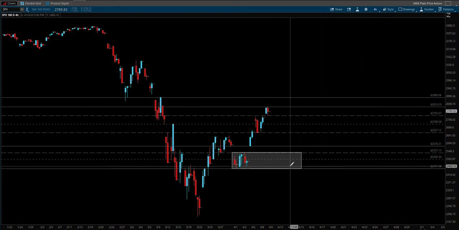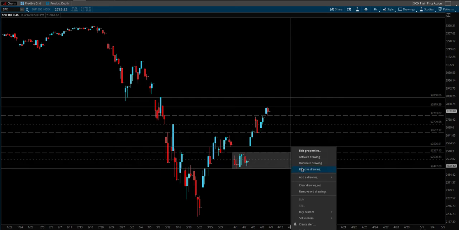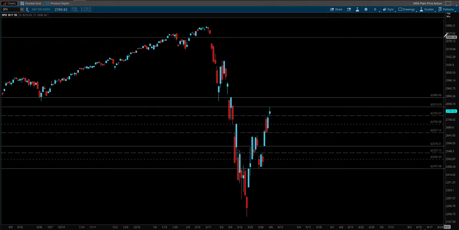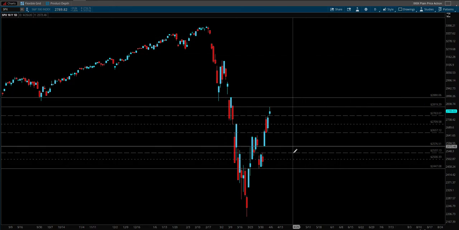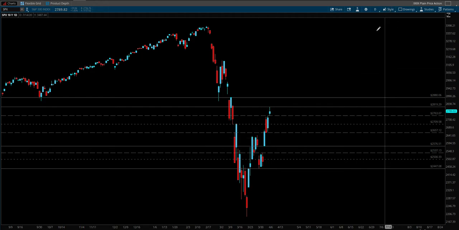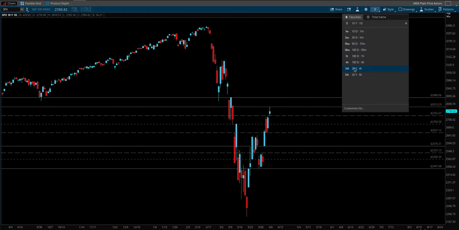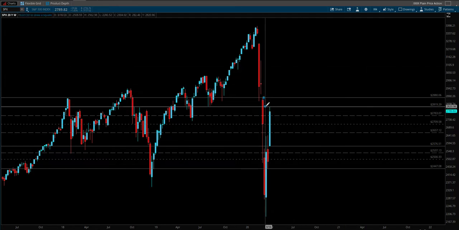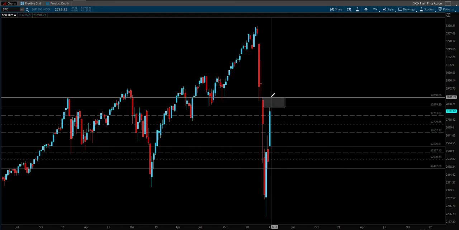And if you zoom out a little further, let me just remove that, and you want to go to the higher time frames, what you would do then is go to the daily, or you could actually go to the weekly, probably a little better, and you could just put a box here and say, okay, well, this is a zone above that needs to get through, and this is a potential zone below.